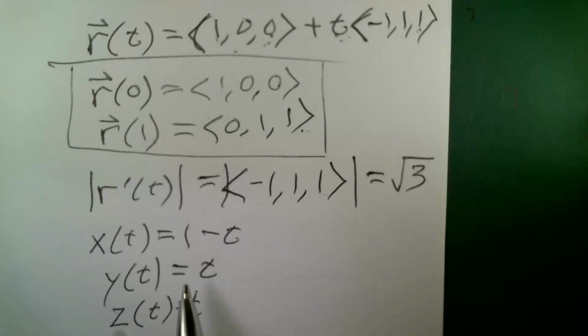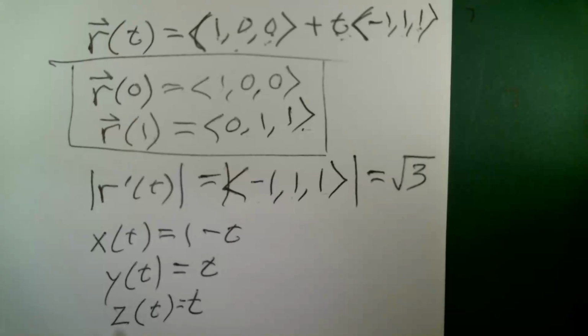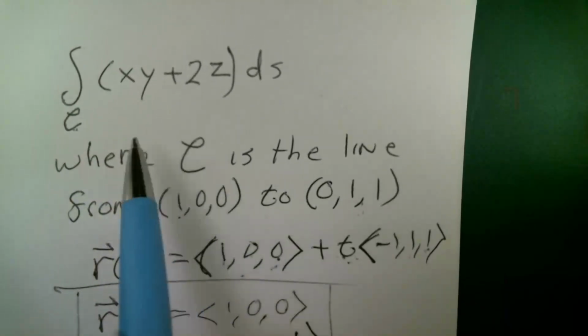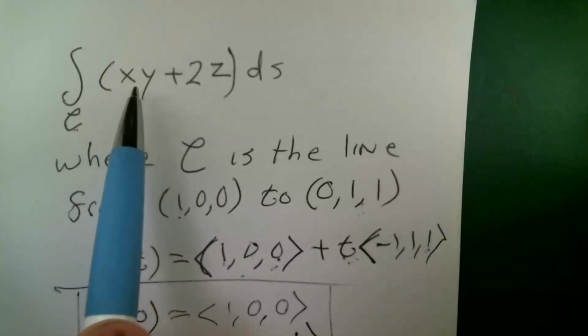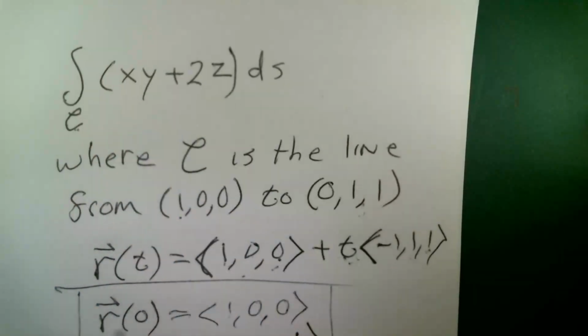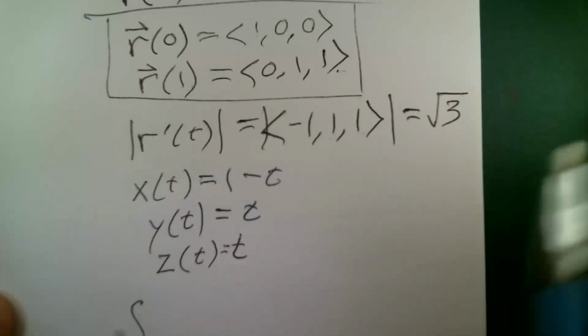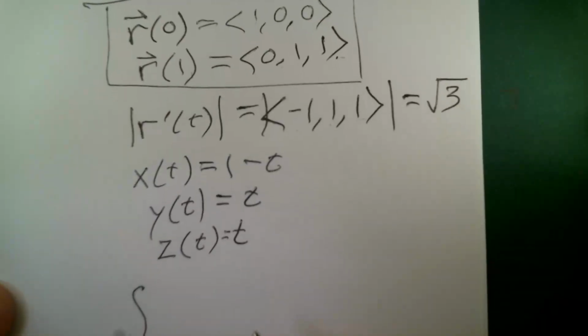So those are our positions, and we're going to plug those into the scalar function that we're integrating. Let's go back here a little bit and see what we're looking at. The thing to be integrated is x times y plus 2 times z. So I'm going to still say integral over C, but we're actually almost ready to do this in terms of arc length now.